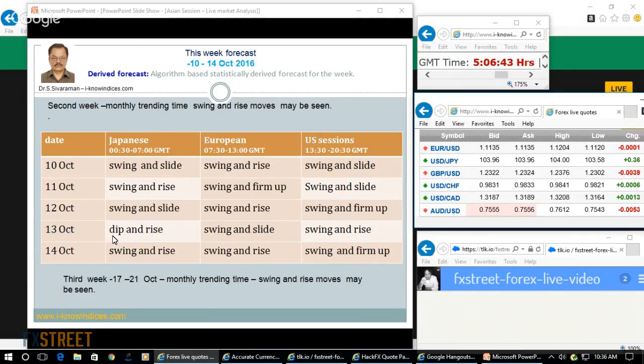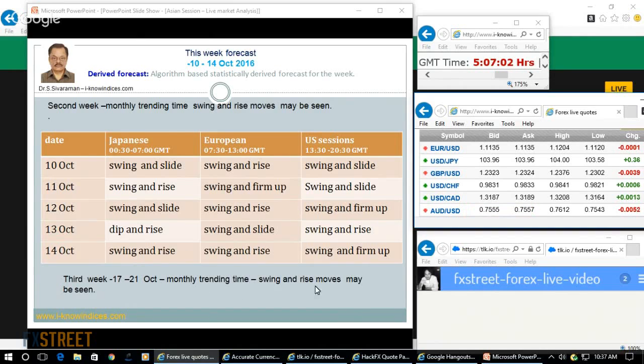Then on 13th, they will make the dip and the rise, swing and slide, and then swing and rise. So on Thursday, they will start gaining the level from the US session, and then Friday, they will continue to gain the level.